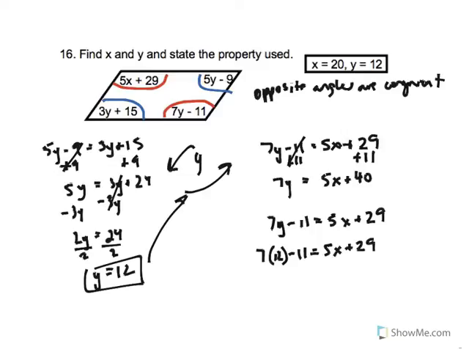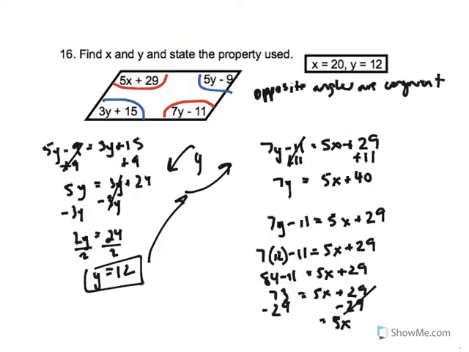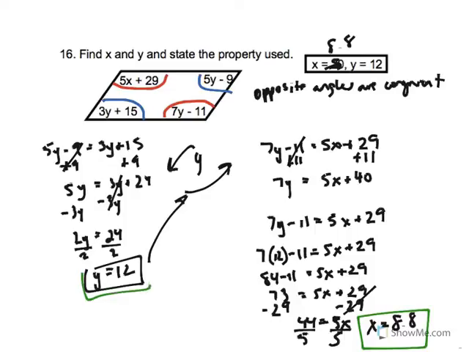I want to simplify my answers, and I get 84 minus 11 equals 5x plus 29. 84 minus 11 is 73 equals 5x plus 29. Minus 29, minus 29, I get 5x equals 44. Divide by 5, divide by 5, I get x equals 8.8. This is wrong, it's 8.8. Okay? So my answer here is x and y.